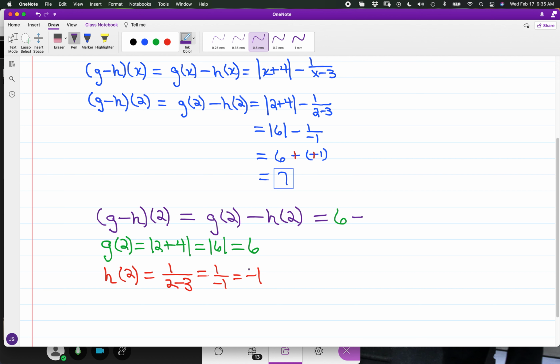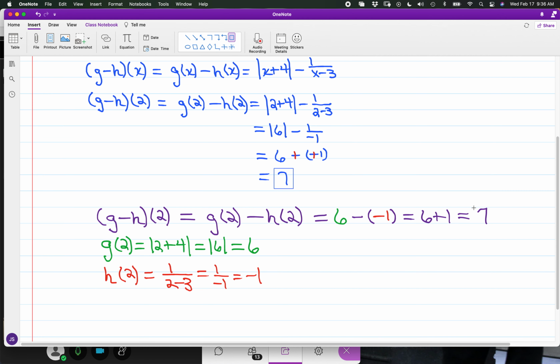And we've got minus, and h of 2 we have at negative 1. And just for the follow through, you have 6 minus negative 1 becomes plus 1, and 6 plus 1 is equal to 7. So this is just another way that you can get to the final result in this case.